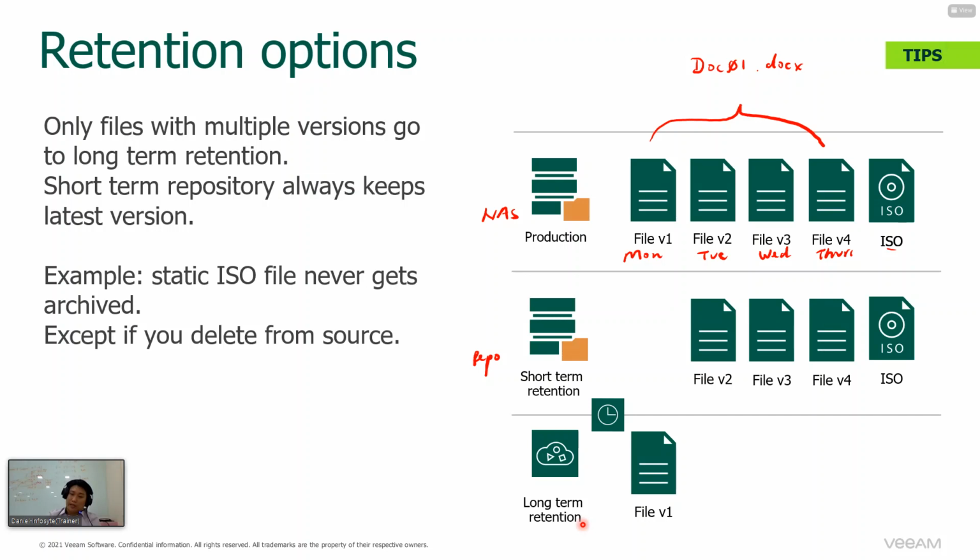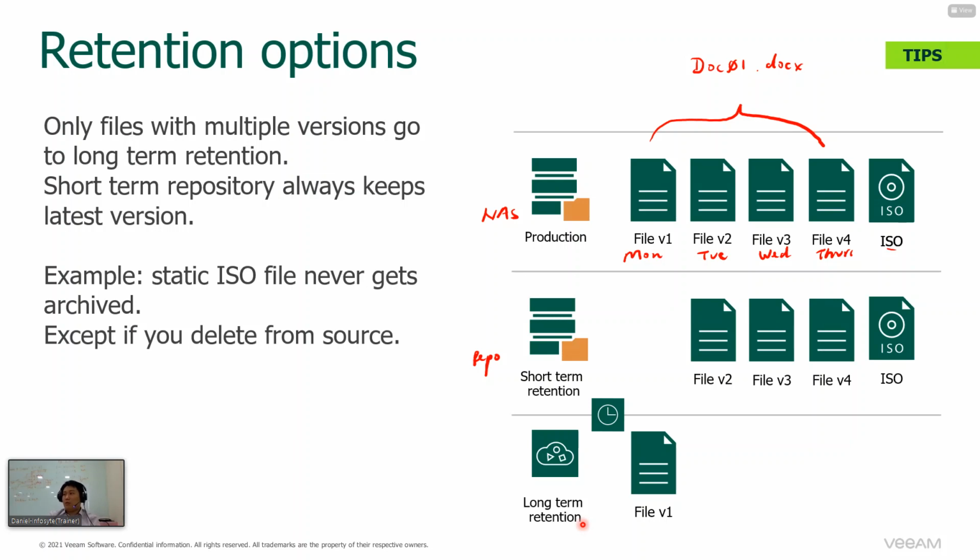So when file version 1 gets expired, indicating Monday data, because I need to keep Tuesday, Wednesday, and Thursday, the latest 3 days, file version 1 is not only deleted from your short-term retention policy, it will also get moved to your long-term retention. So you will see the long-term retention will only be able to keep expired older backup data.